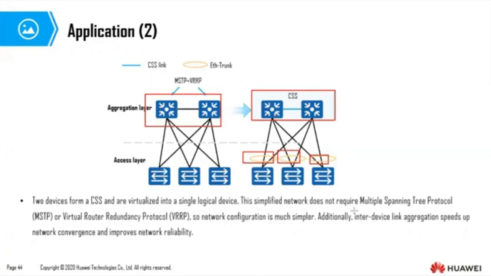You don't need to deploy STP, MSTP, or another protocol called Virtual Router Redundancy Protocol. If you want to understand the function of this protocol, please watch my HCIP videos. So you don't need to deploy them. This makes network configuration much simpler. And additionally, inter-device link aggregation will speed up network convergence and improve network reliability.